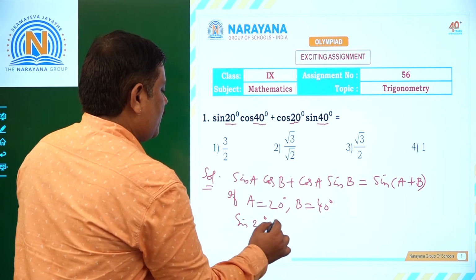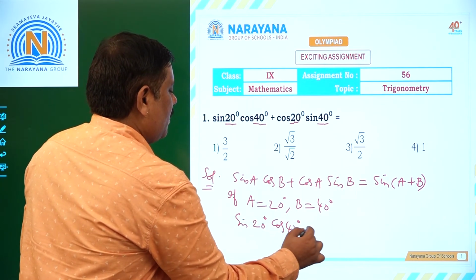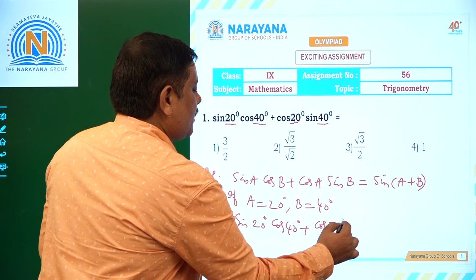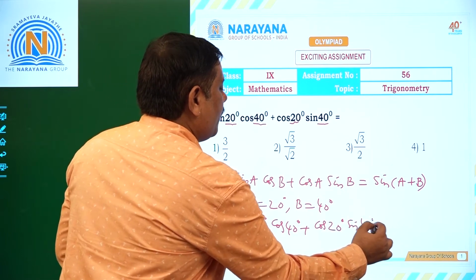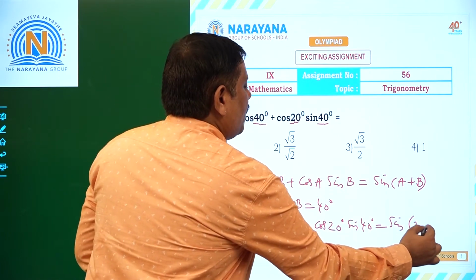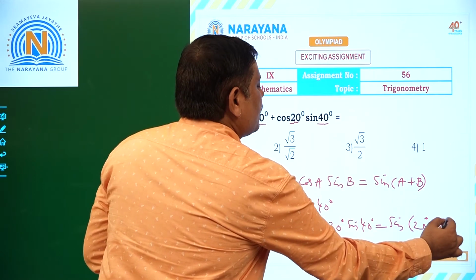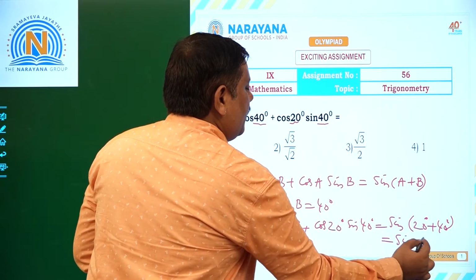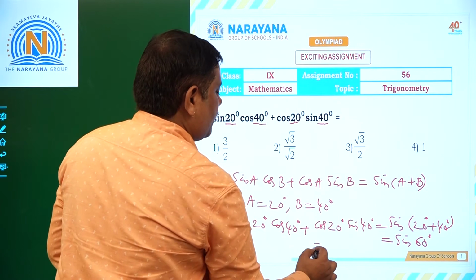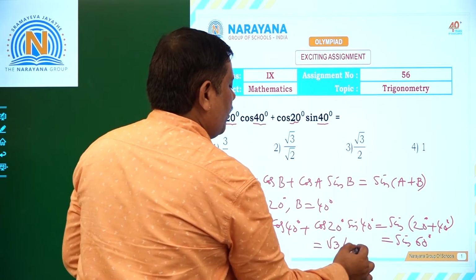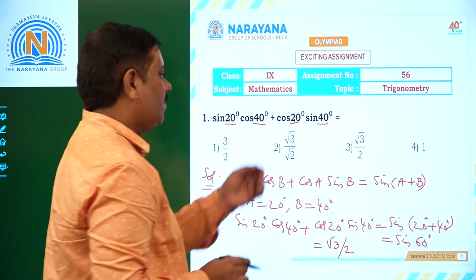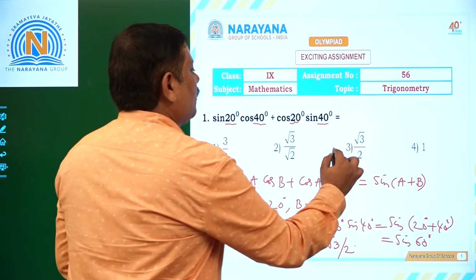Sin 20 degrees cos 40 degrees plus cos 20 degrees sin 40 degrees is given by sin of 20 degrees plus 40 degrees. That is otherwise sin 60 degrees. Sin 60 degrees is nothing but root 3 by 2. Okay. So the value for this question is root 3 by 2, which is nothing but third option.